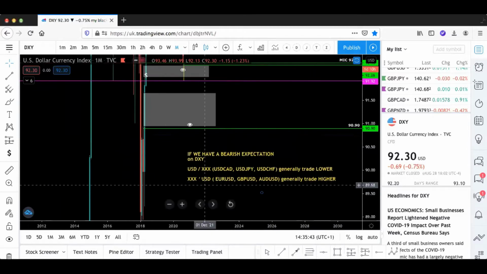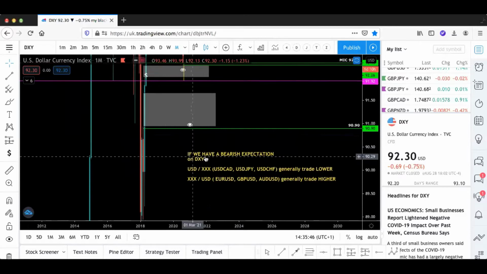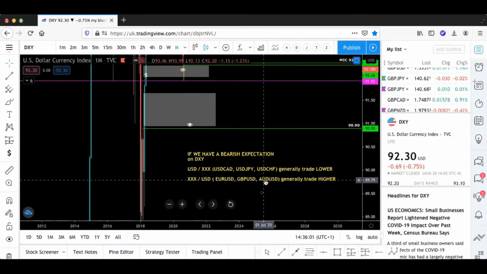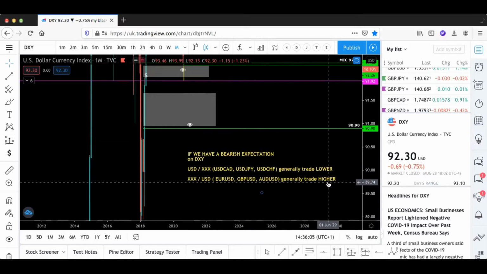Suppose we have a bullish expectation on DXY: USD-CAD, USD-JPY and USD-CHF trade higher, while EURUSD, GBP-USD and AUD-USD will go lower, right?